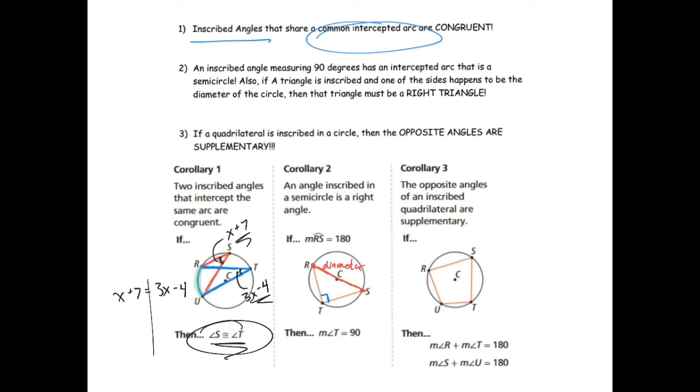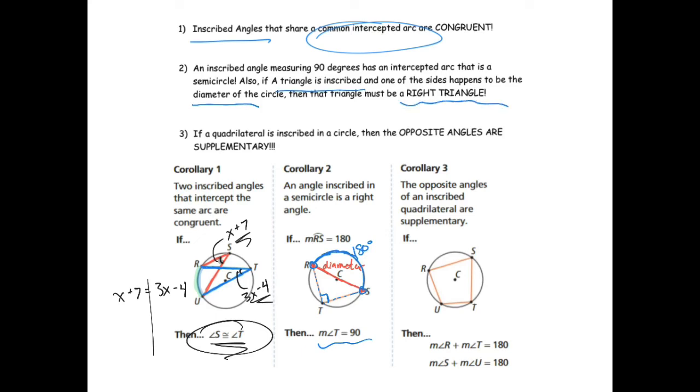The reason is that because that's the diameter, this piece is a 180 degree chunk of circle. And if that chunk is 180 degrees, then the inscribed angle that goes with it, angle T, must be half of that. Boom, 90 degrees. So anytime you have a triangle inscribed and you're using the diameter for one of the sides, it's going to be a right triangle.